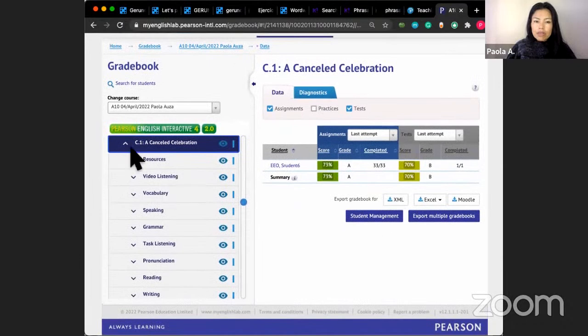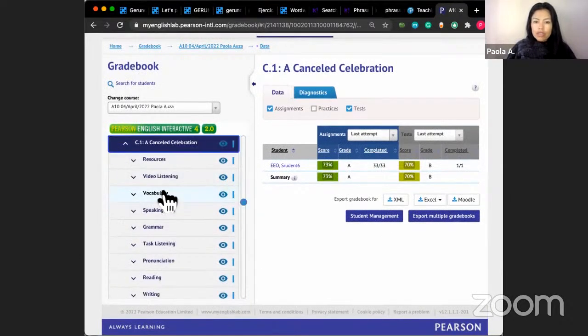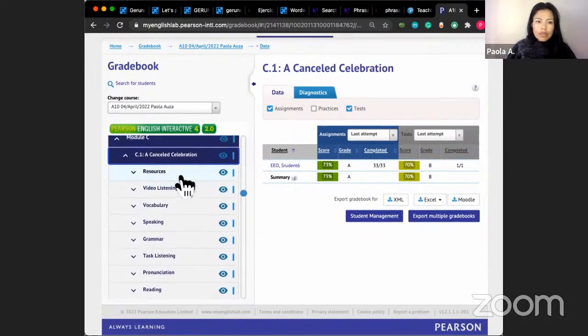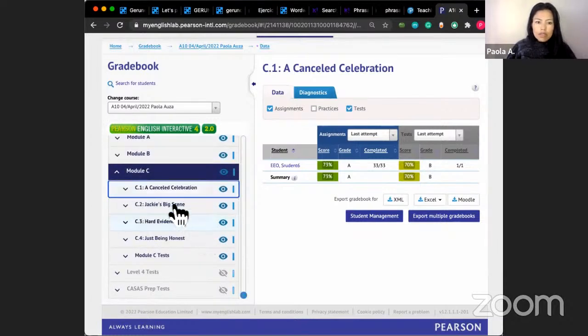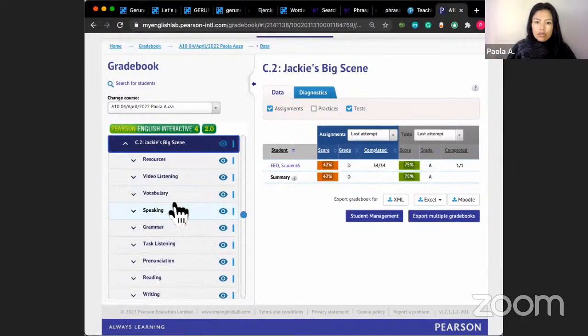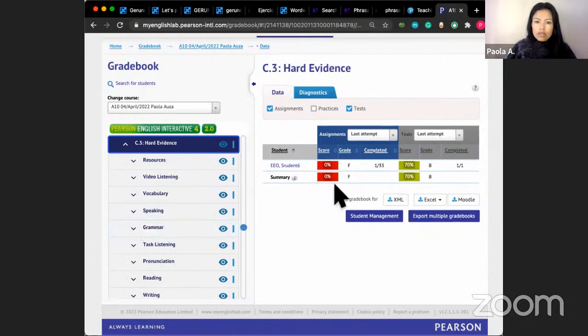So I'm jumping here because I wanted to show you your grades. This is the last module, right? The C1, C2, some the grade is not as good, and C3 the exercises are missing, and the C4 too.